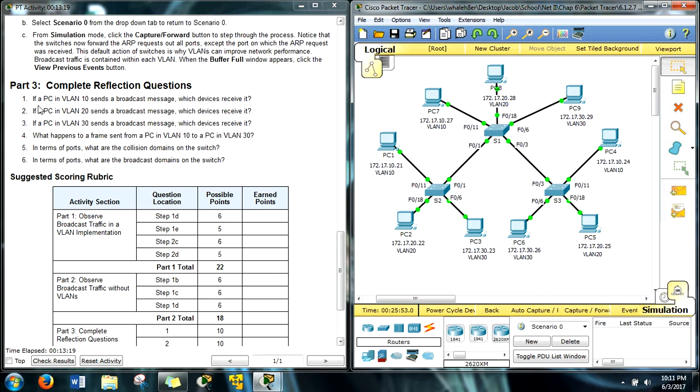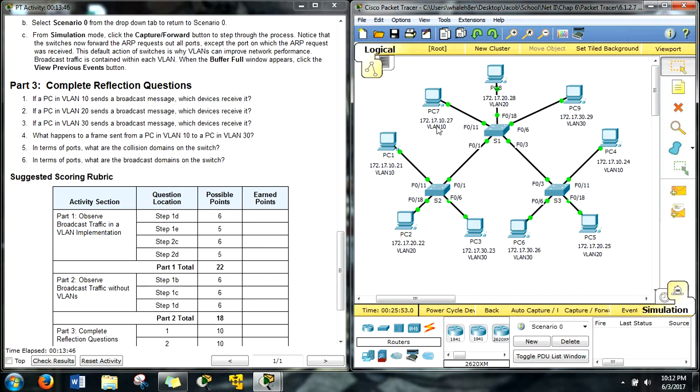So if a PC in VLAN 10 sends a broadcast message, which devices receive it? Well, it should be that only those in VLAN 10 would get it. Because these switches had their VLAN information deleted, these switches don't know where VLAN 10 is.